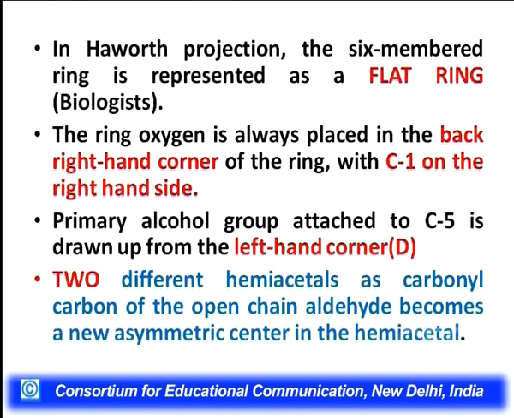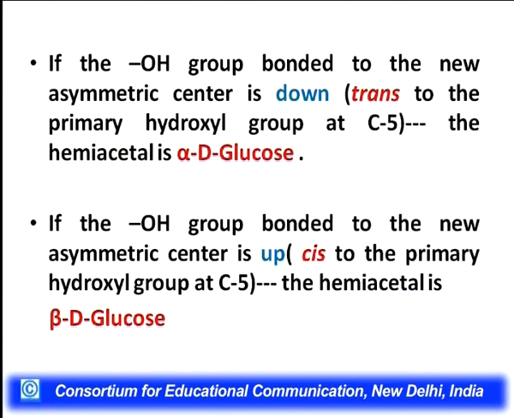As a result of this reaction between the OH on the fifth carbon and the carbonyl group, two hemiacetals are formed, and the carbonyl carbon of the open chain aldehyde becomes a new asymmetric center in the hemiacetal.